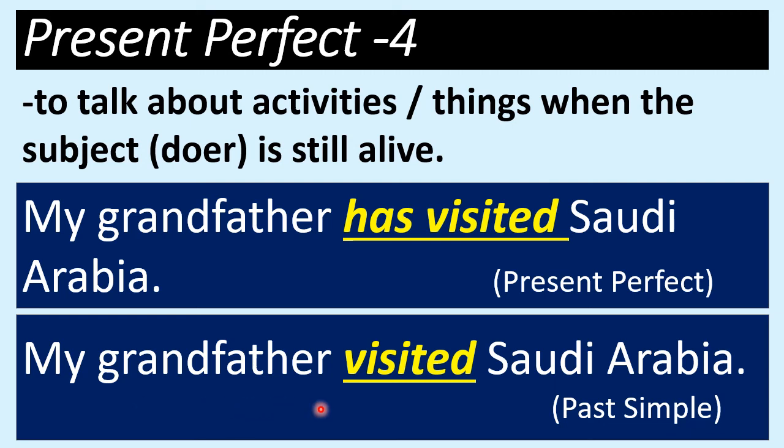My grandfather visited Saudi Arabia. Here I have used past simple. It means that my grandfather is not alive now. So I should use past simple for this. My grandfather visited Saudi Arabia. And remember the time frame. Remember the use of the present perfect and past simple.